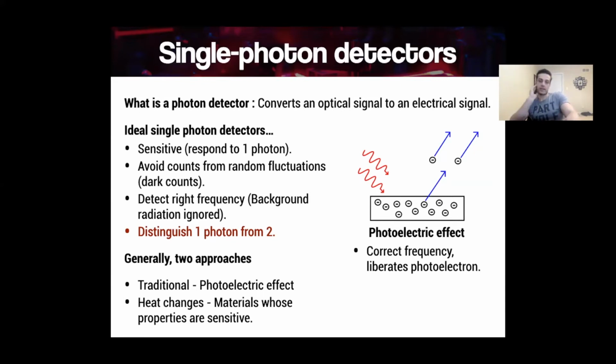Another way to do it is through heat and current changes. Essentially, it's with the use of superconducting materials. So there's the photoelectric way to go about it, and then there's the way using superconducting materials.